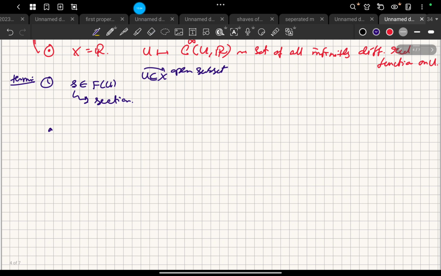And if we take phi of S, usually denoted as S restricted to V, it is called the restriction map.